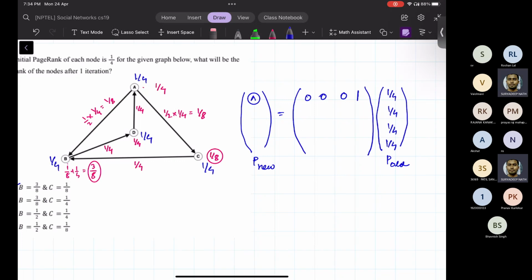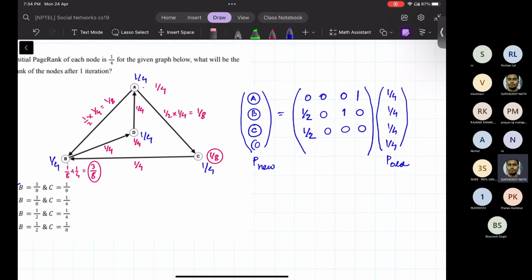For node B, it gets half of the page rank of A and the full page rank from C. For node C, it gets only from A. So for node C, it gets half of A, because A gives to B and A gives to C. So it would be 0, 0, 0.